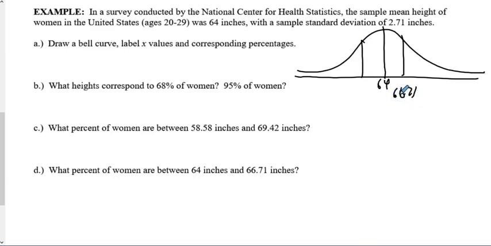And if we subtract, we get 61.29. 2 and negative 2. If we add 2.71, we get 69.92. And if we subtract, we get 58.58. And if we do it one more time, we get 72.13. Then we get 55.87.